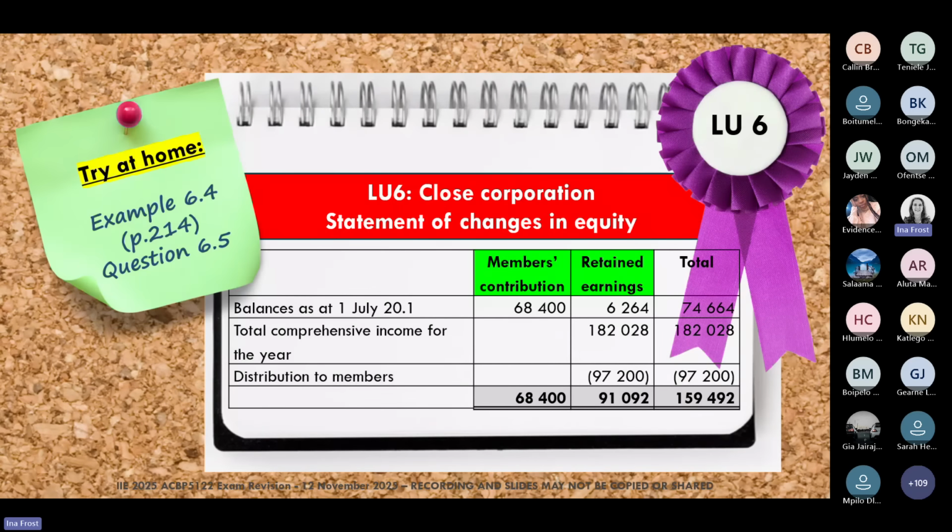In those two, you will see questions with statements of changes in equity, specifically for the closed corporation. While we're talking of closed corporations, the next thing to note is that we talk about the members' interest percentages. What percentage of the closed corporation is held by each member? The total percentage in a closed corporation is 100%.